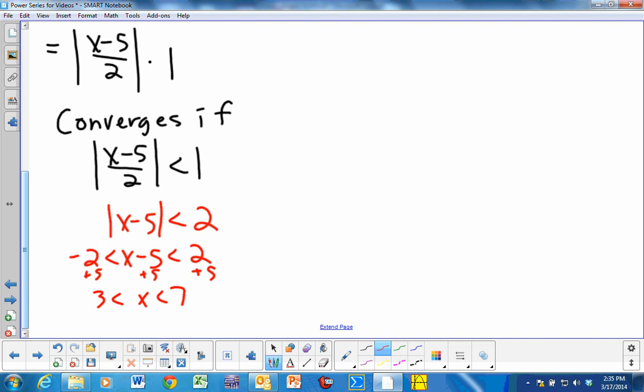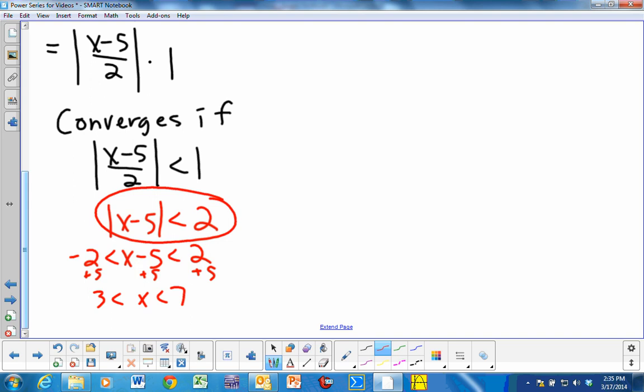Another way to realize what it's saying is just think about the words. This phrase right here is simply saying that you are 2 units away from 5 on either side. That's what that's saying. So 2 away from 5 means you're between 3 and 7. So right now we believe it's 3 to 7.